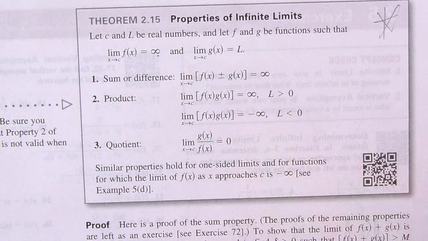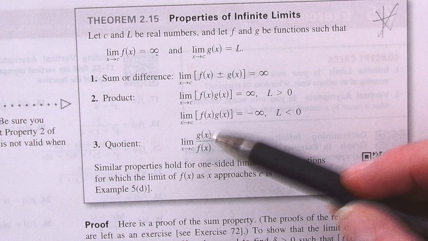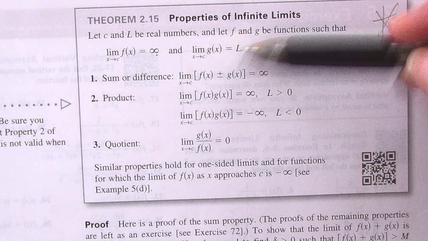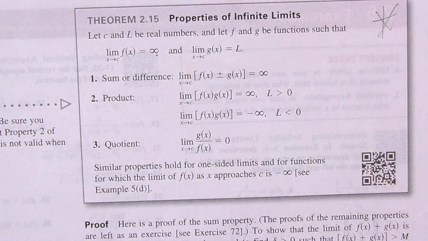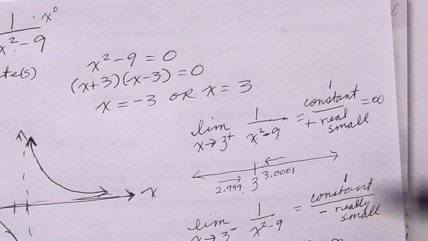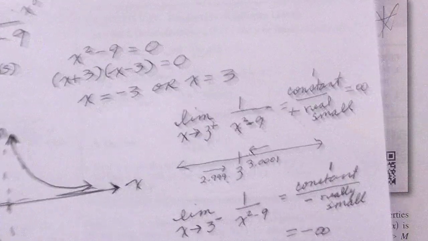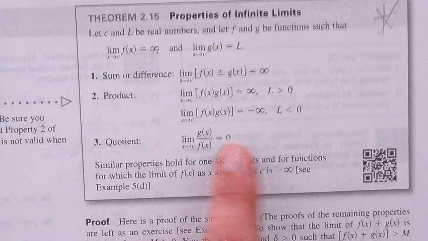And then quotient: this is taking the limit of a constant divided by the infinite number.